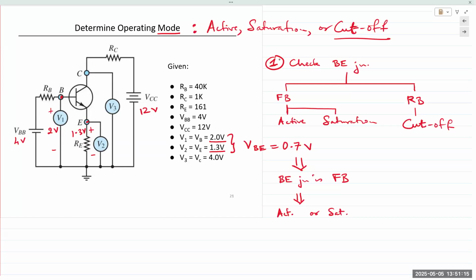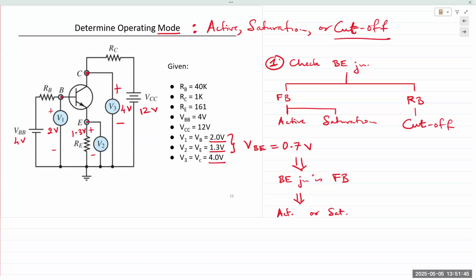For active mode, the collector base junction must be reverse biased. Saturation is when both junctions are forward biased. Active is when base emitter is forward biased and collector base is reverse biased. So then we check the voltage at the collector, and VC right here is given to us as 4 volts.